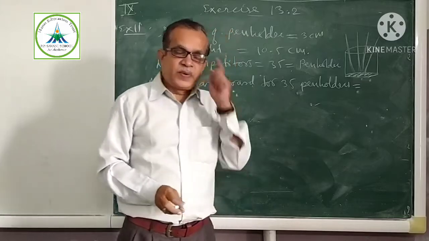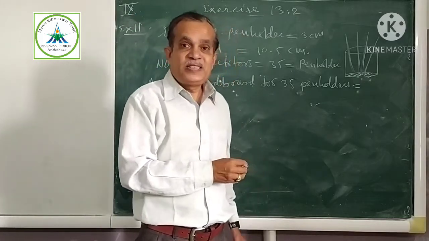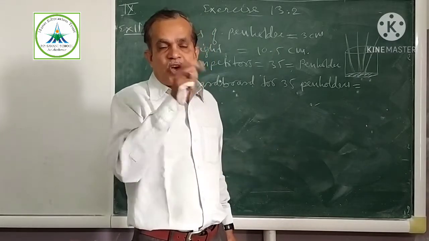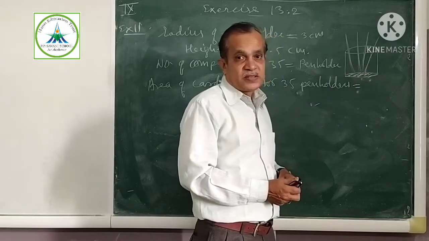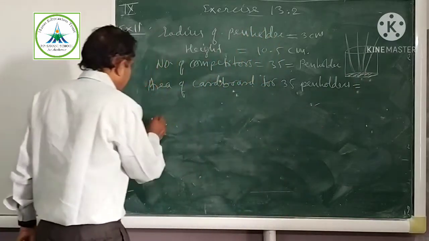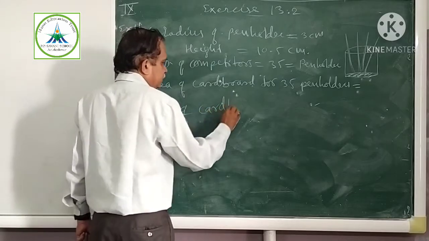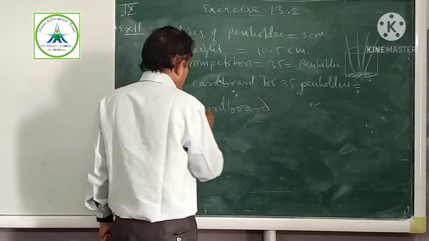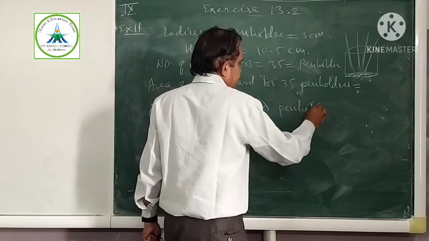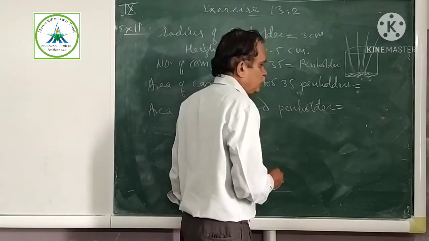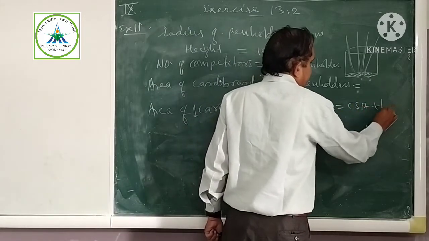The area for 35 pen holders required is 35 CSAs plus base. What is the area of one cardboard pen holder? Curved surface area plus base. Yes or no? See, now we are ready. Area of one cardboard pen holder equals CSA plus base.